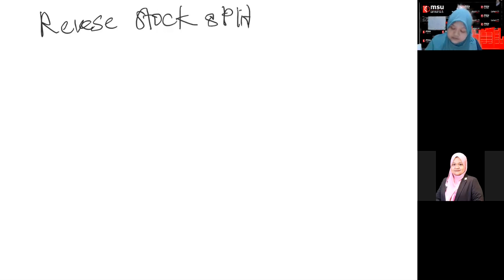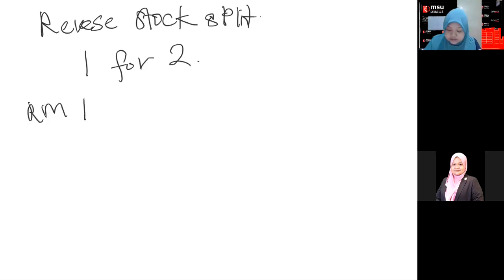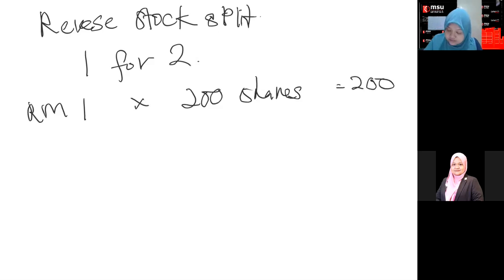The example is 1 for 2. Before this, the price per unit is RM1, and Encik Nazri owns 200 shares. So when we find the total, it is RM200.